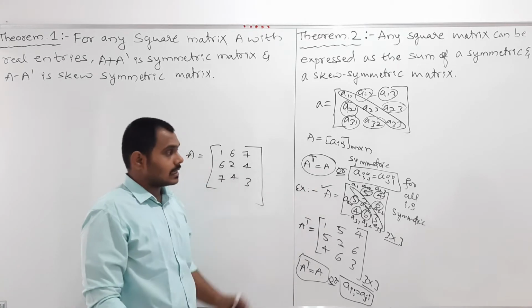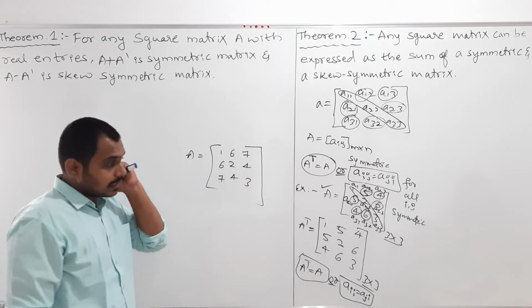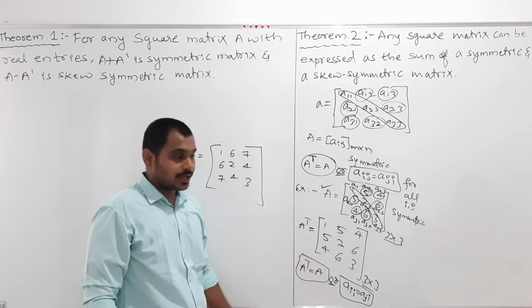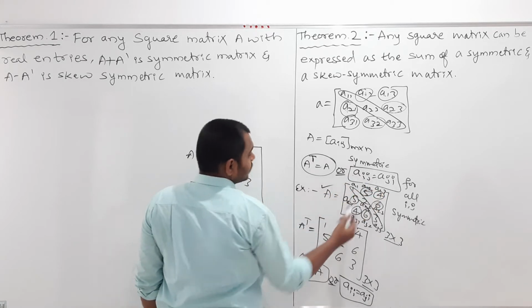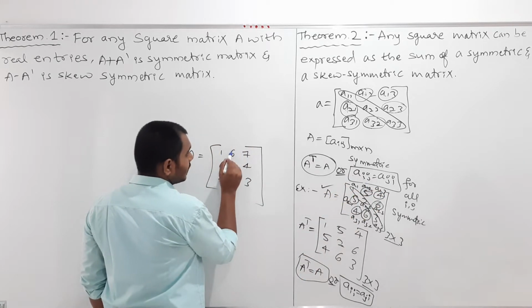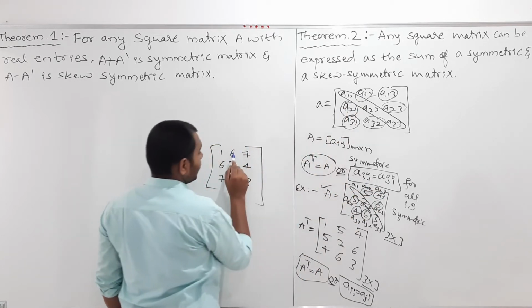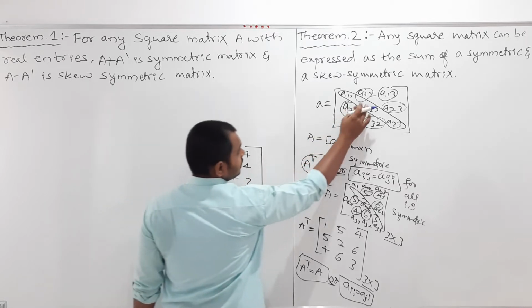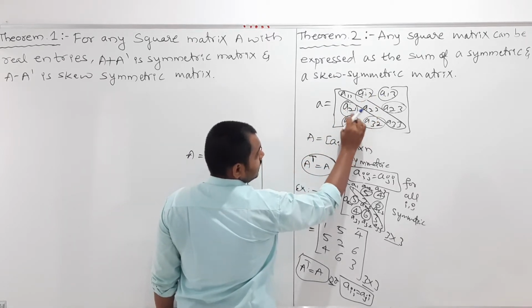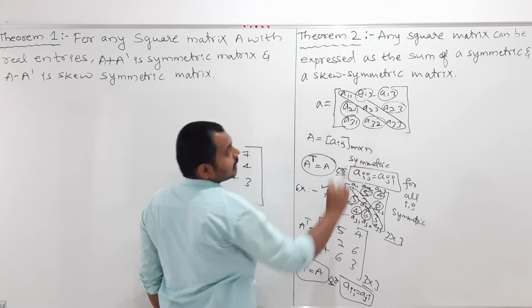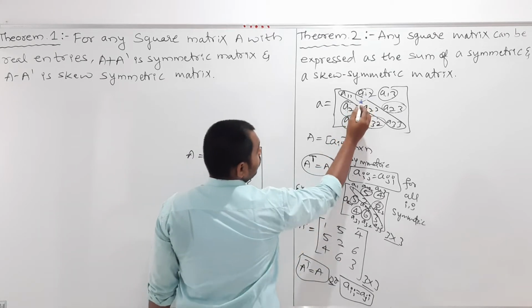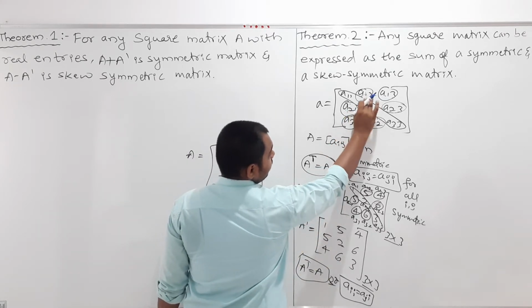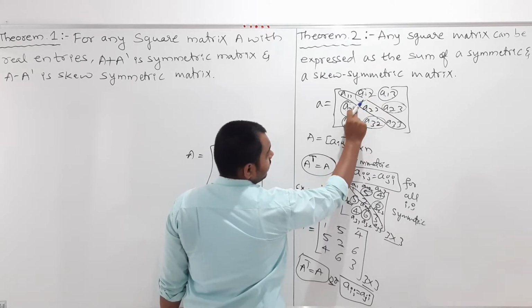You can check this matrix is satisfying this condition, A transpose equals A, as well as Aij is equal to Aji. You can observe here this is the A12 element, and here the reverse of this is A21. I am taking the subscript A12, and if I interchange this ij, ji, A21.